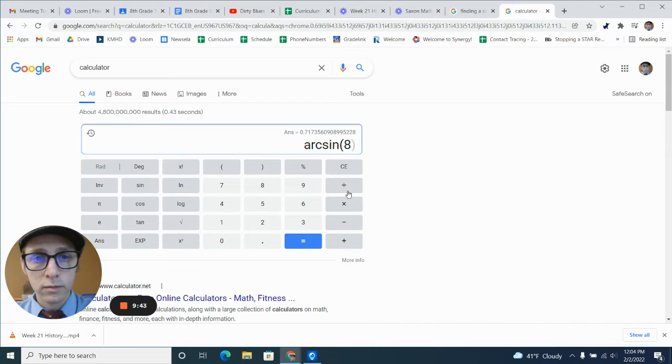Sine 8 divided by... oh, no. Arcsine helps you find the angle. So the angle is 53, so that doesn't help. Sine 8 divided by 10. Oop, did that wrong.